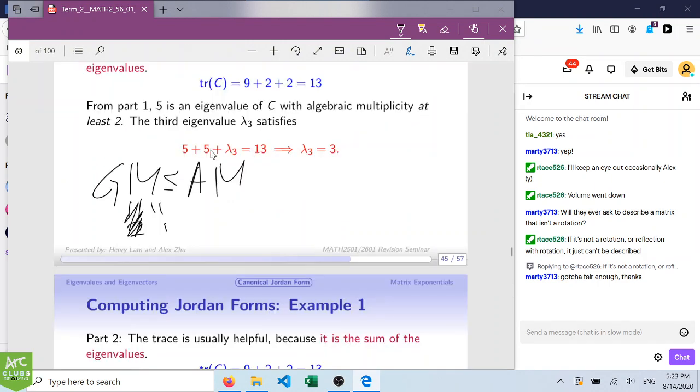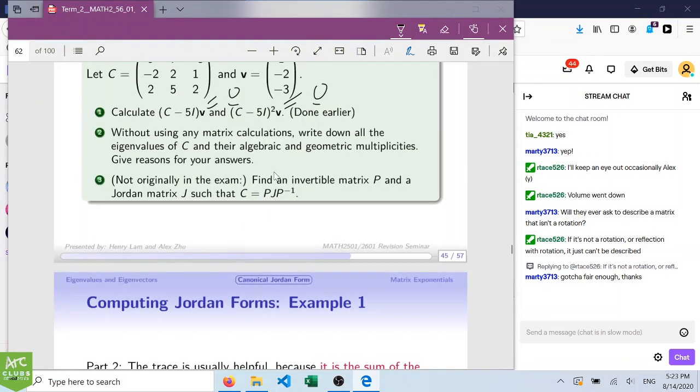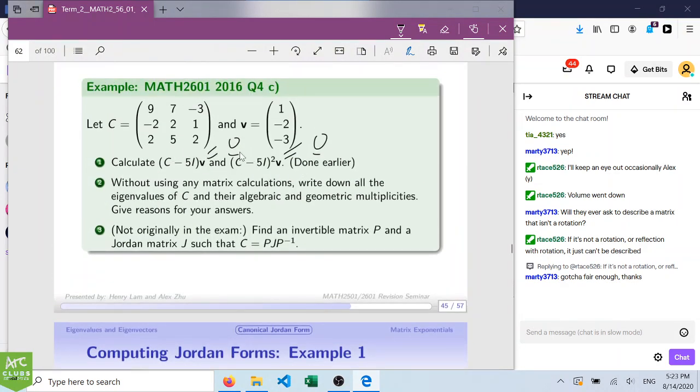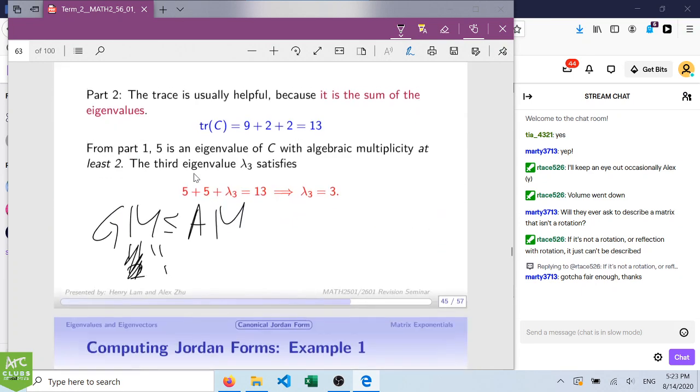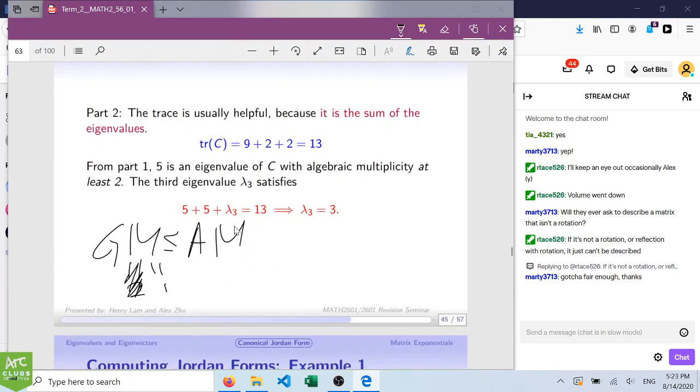But to know that this is the second 5 over here, we use the previous part. We use part 1 to solve for the second lambda value, or it was told in the previous part for us to determine that.